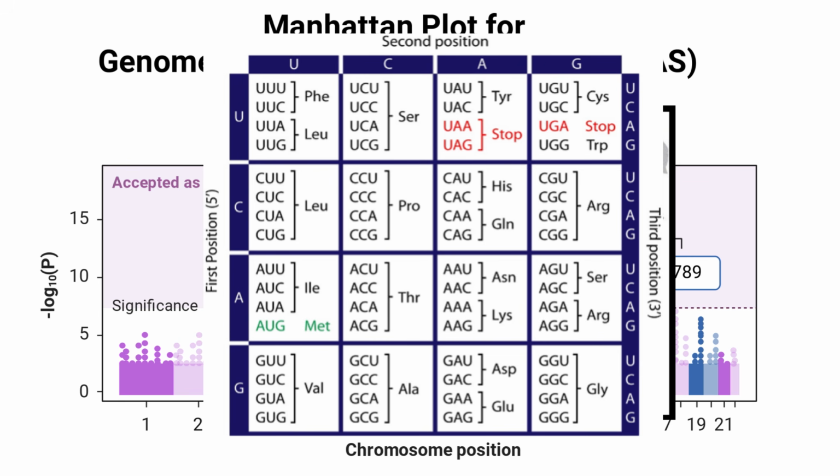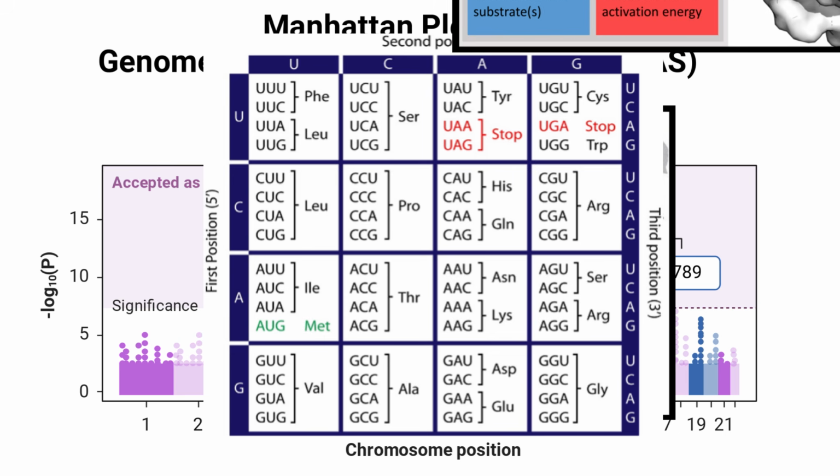But I have to say that we are going to be very lucky if we find a hit and find that it leads to a change in amino acid, and such a change of the amino acid may disrupt, for example, the active site of the protein.